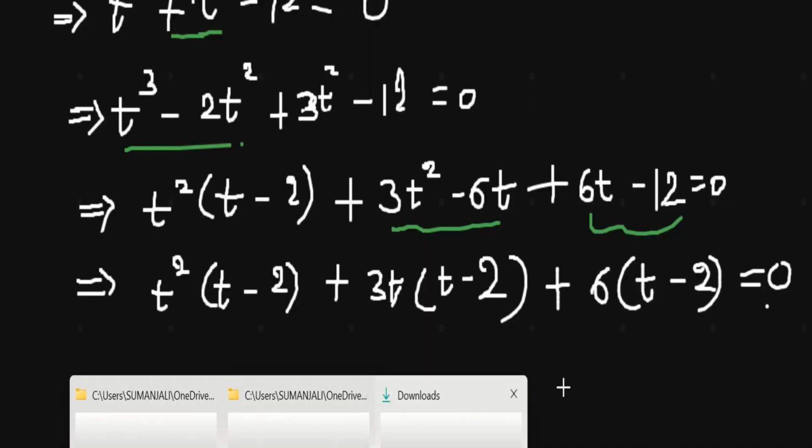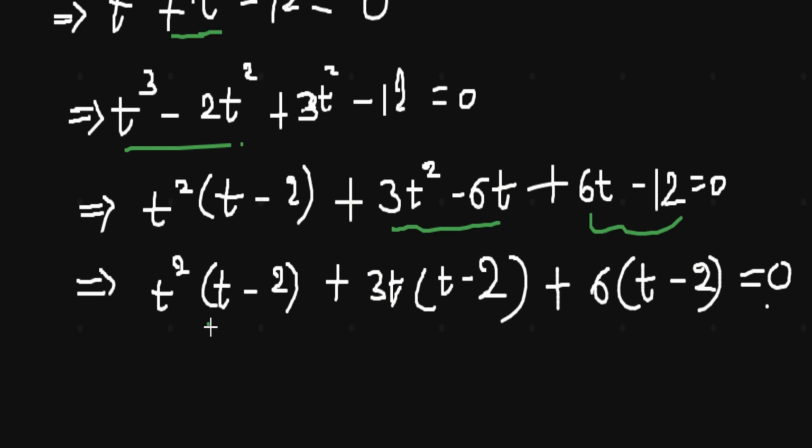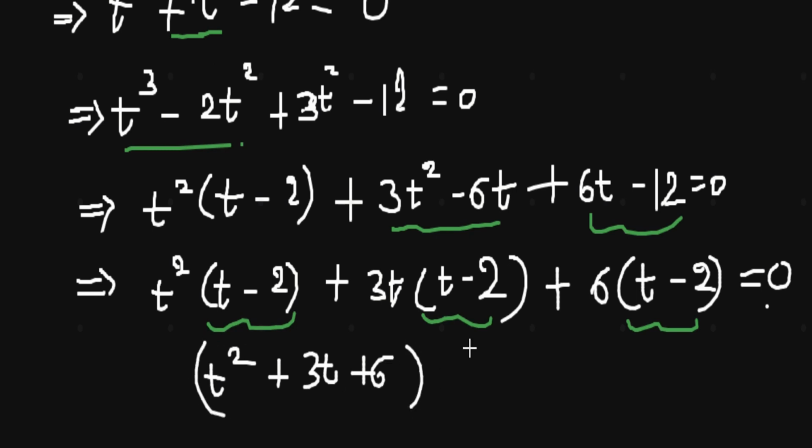So friends, t minus 2 is common. So we can write this as t square plus 3t plus 6 into t minus 2 is equal to 0. So t minus 2 is a factor here.